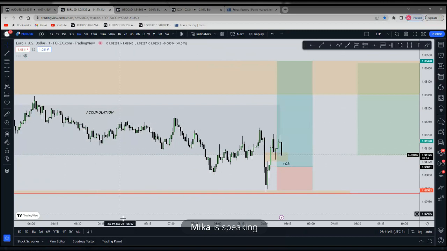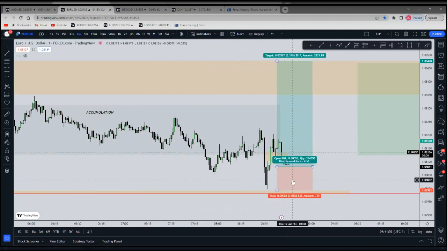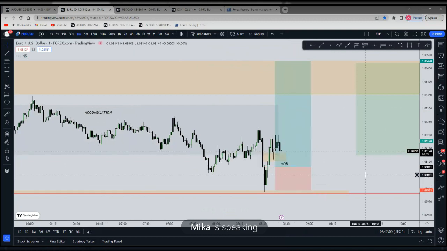But then again, this is still valid. I'm just not feeling it right now. Yeah, it's moving slower than all the other pairs. If I see USD CAD and AU moving and EU is just not doing what I want it to do, I'm not interested in sitting through all of this. So that's just personal preference or experience.